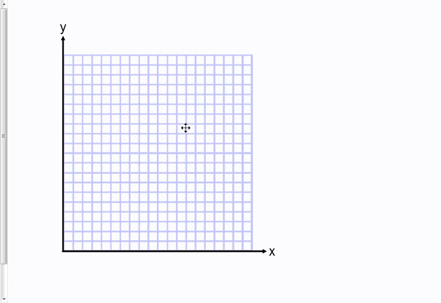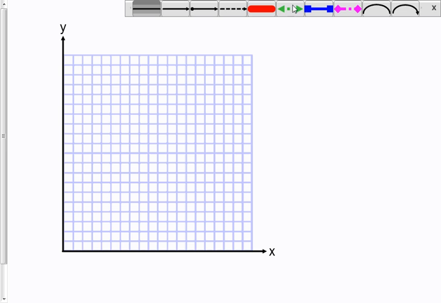Okay? So, our next one is going to be a speed versus time chart. Okay? So we're going to do the same kind of thing, just kind of talk about a couple of ways that you can see things on here.